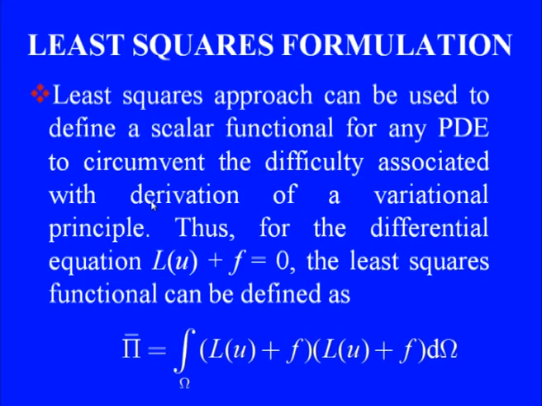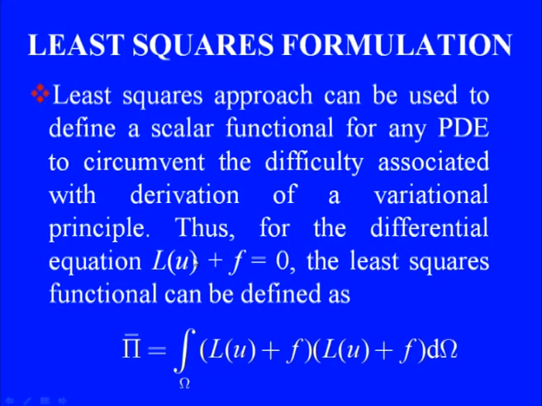There is yet another category, somewhat similar to variational formulation, wherein we can construct a functional based on a least squares approach. I have just given the sketch of this approach here, because this is the one which is used occasionally in finite element analysis of fluid problems.